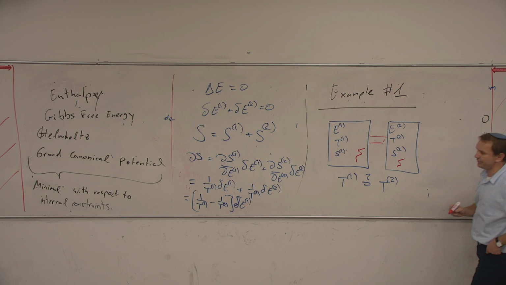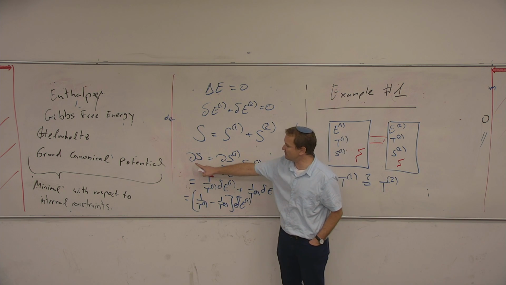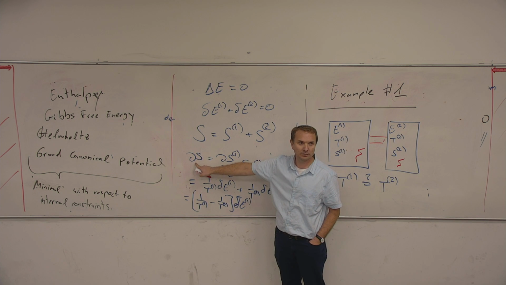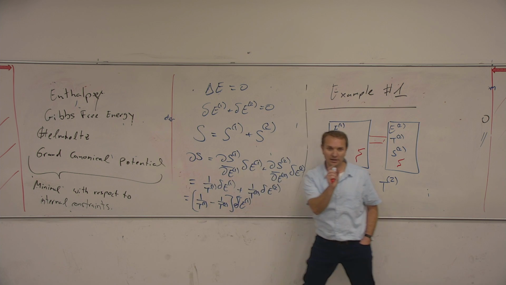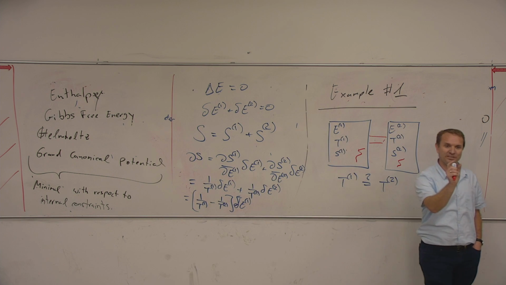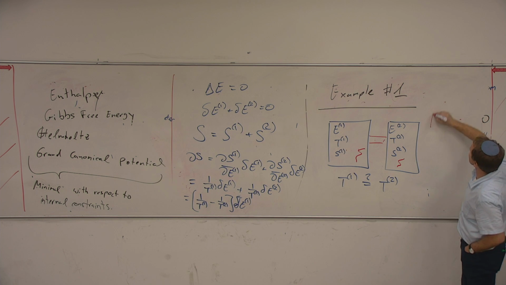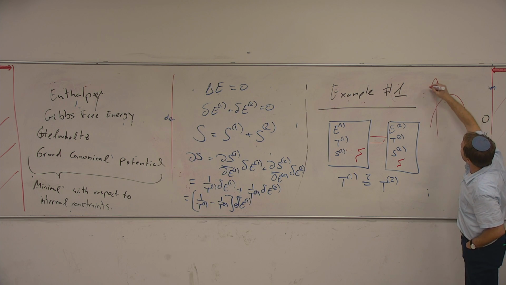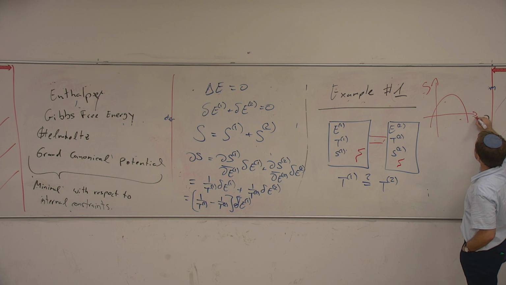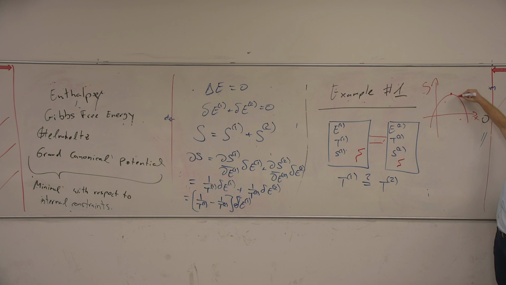Now what do I know? I know that this delta S has to be negative, because we are around the maximum. Around the maximum the derivative is 0, but the change itself is negative. Think about it: this is my function, this is S, this is X. The derivative is 0, but if I change X a little bit to the left or to the right, delta S is negative.